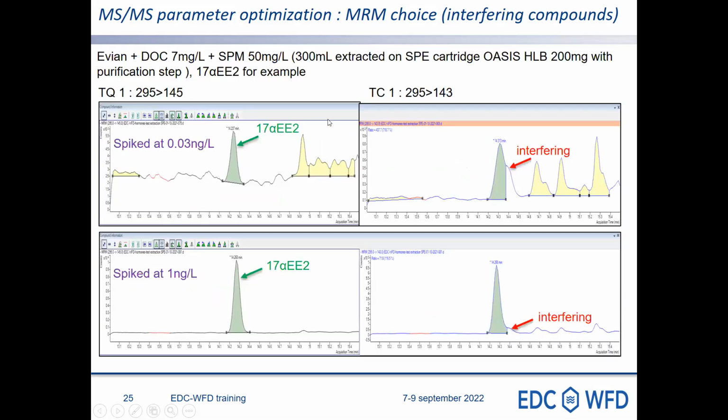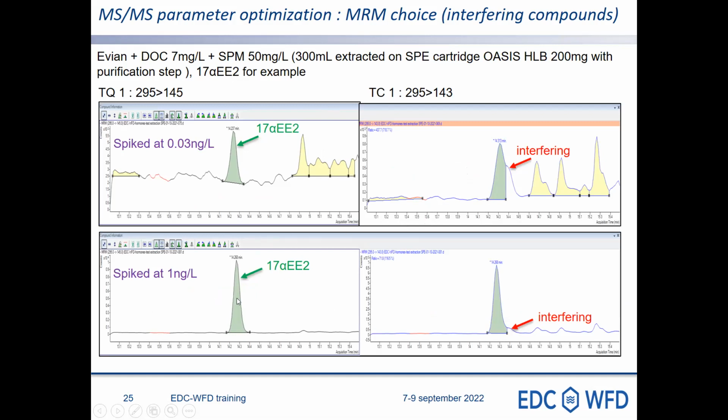Once again, a new example here with 17 alpha ethinyl estradiol, showing that we have some trouble with possible interference when we go to a low level of concentration. So once again, be very cautious.